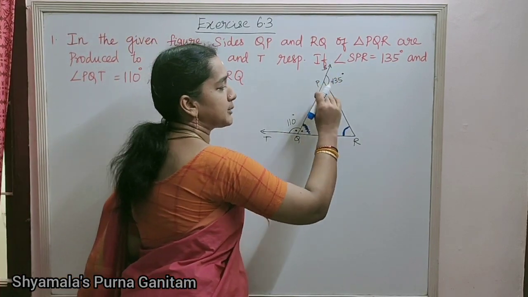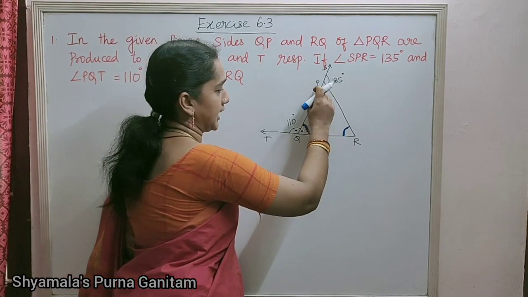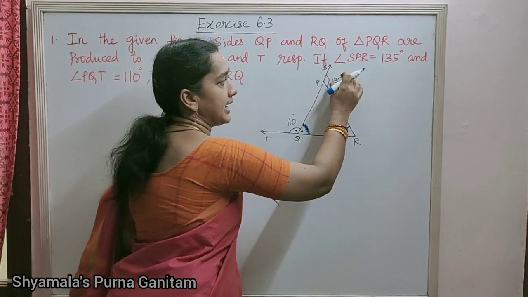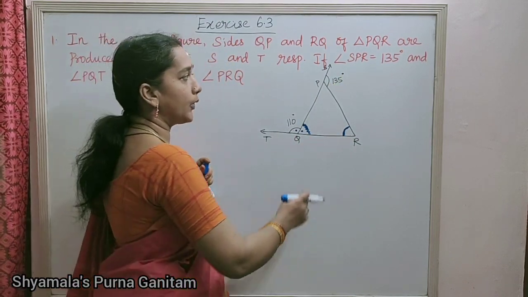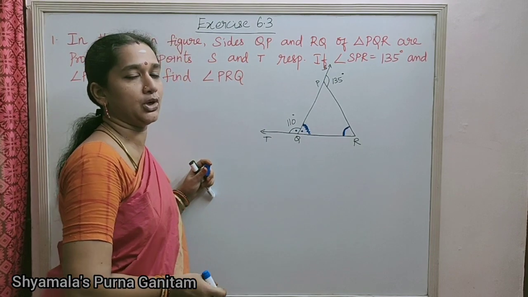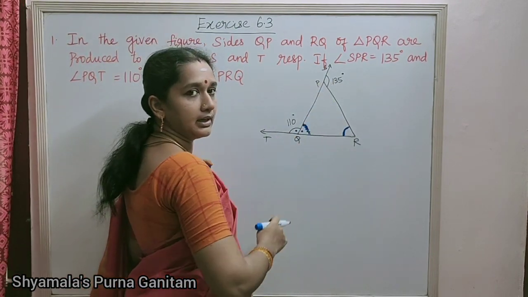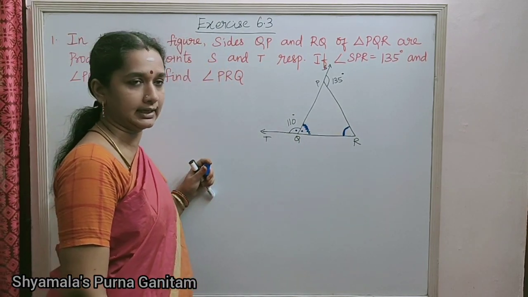So this SPR is the exterior angle of the triangle PQR. We know the property of a triangle, we have studied it in class 8 itself. So exterior angle is equal to the sum of the opposite interior angles.